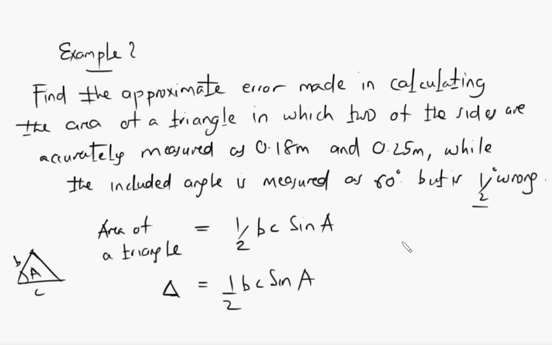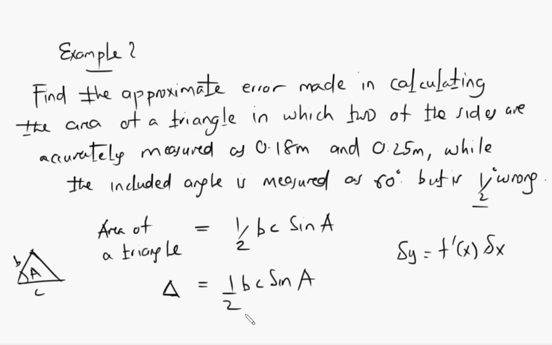Now remember, for these approximation problems we play with f dash x delta x, the change in x, which here is the change in angle A. The change in angle A multiplied by the differential coefficient of the area with respect to A gives the change in the area. So we have the change in angle A and we want the change in area.